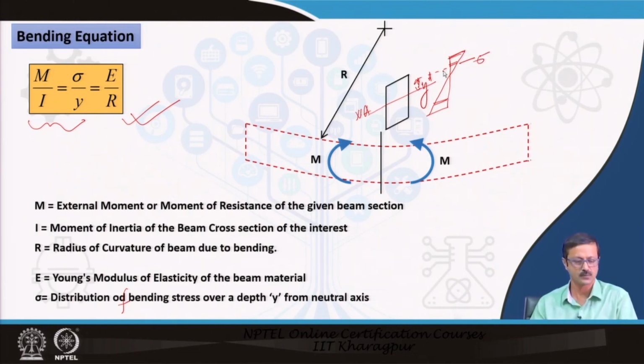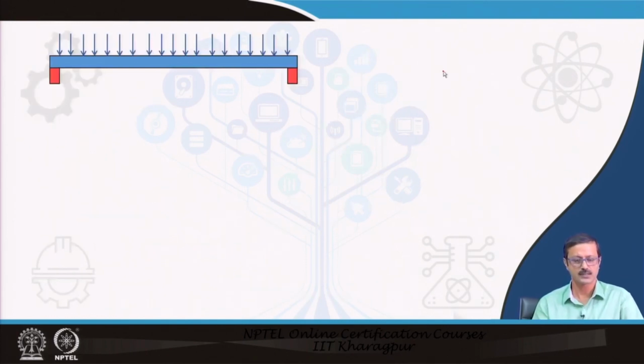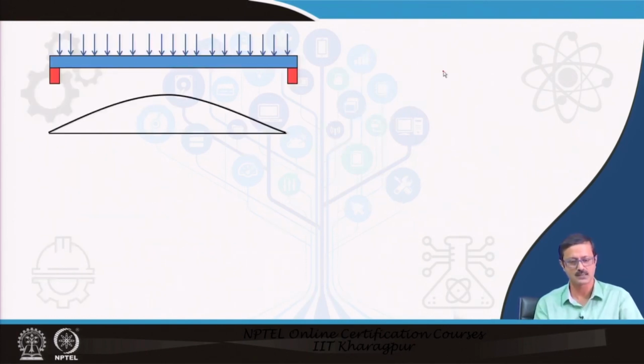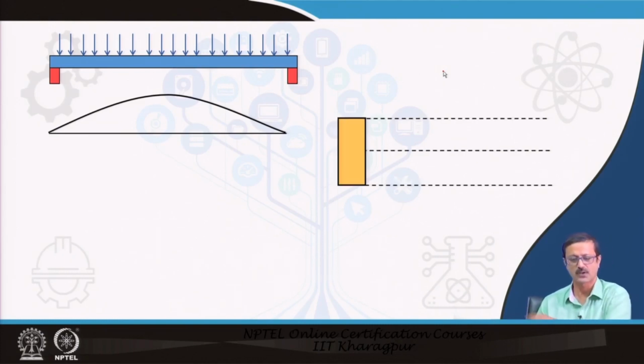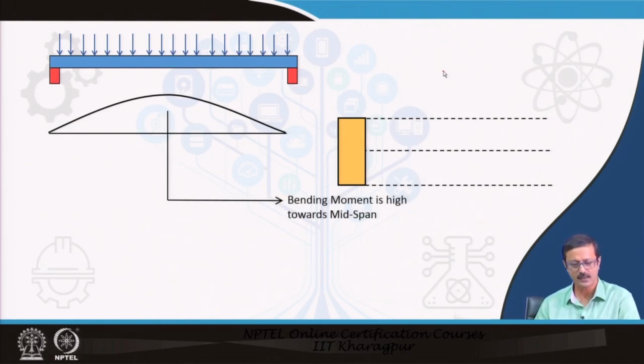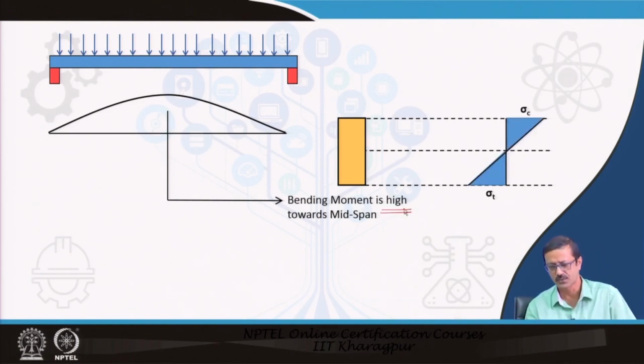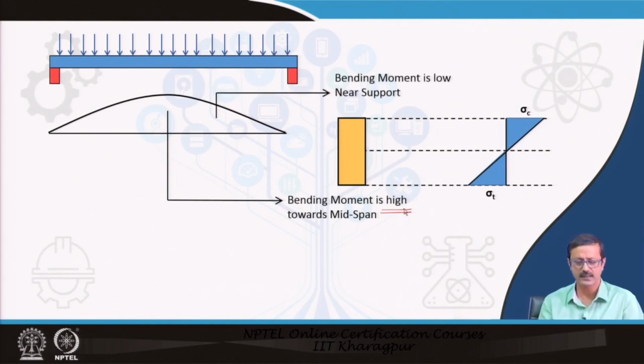So, if you put in the external moment of resistance, you will get it. Suppose it is a simply supported beam, and this is the bending moment diagram of the beam, with a rectangular cross section. At the center of the span the bending moment is very high, and anywhere near the support the bending moment is low.